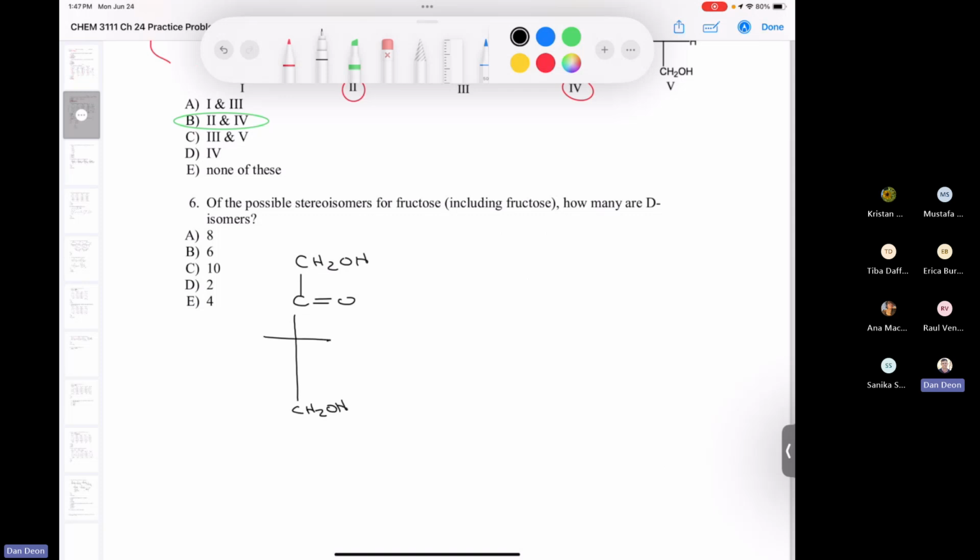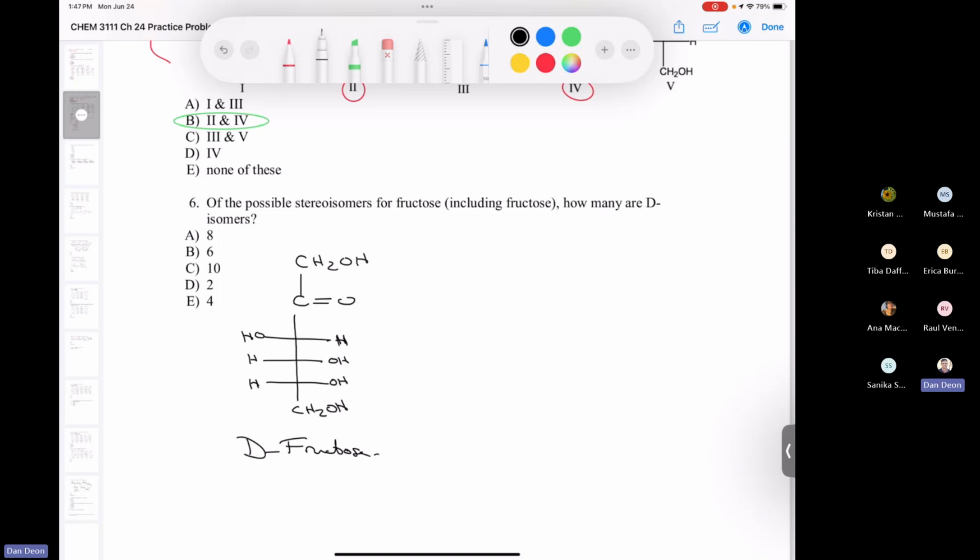Okay, and then we have 1, 2, 3. There we go. So this is the structure of D-fructose. And it asks us, of all the possible stereoisomers for fructose, how many are D-isomers?